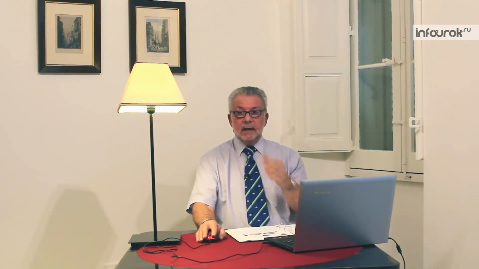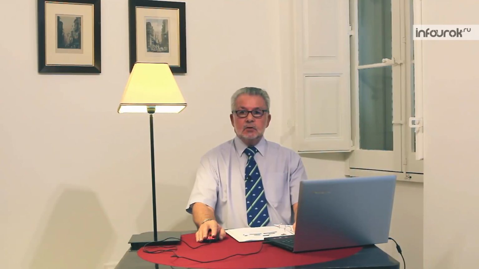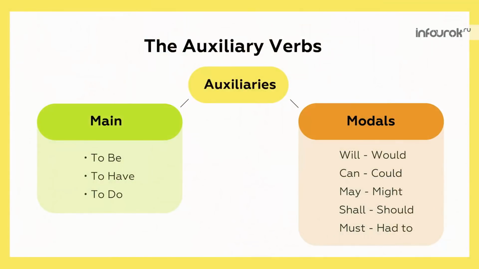Now, let's look at the auxiliary verbs. As I told you, these do a lot of useful work in the language. They are very easy to remember because they are very few in number and very easy to understand. On the left-hand side, we have the main auxiliaries.